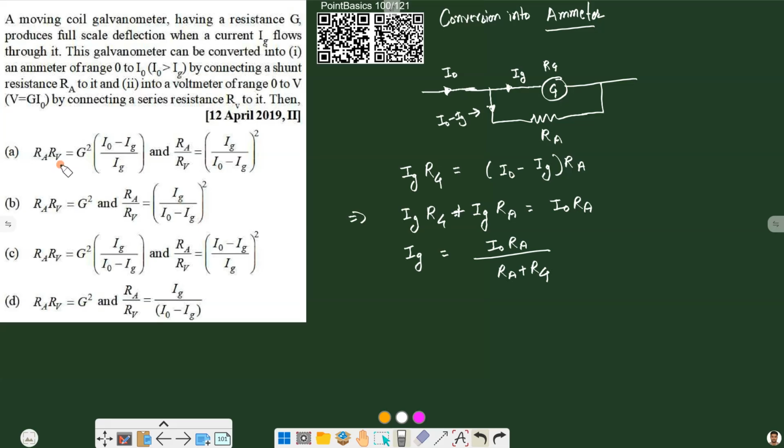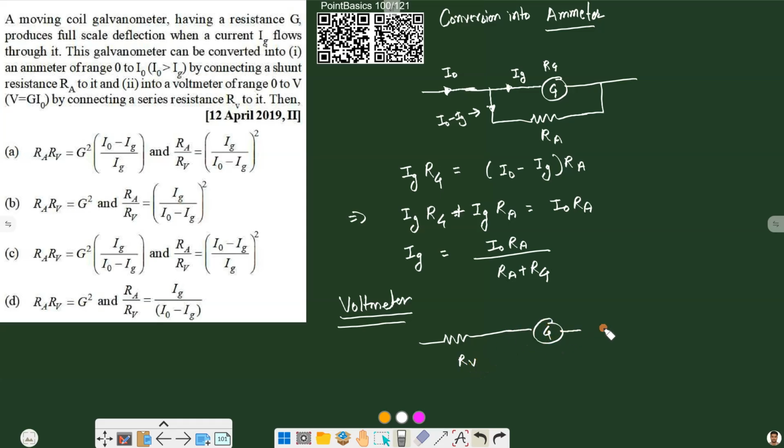So now we have to solve for the voltmeter and then we can find out the relation between them. Now for voltmeter. In a voltmeter, resistance has to be added in series. So this is Rv.